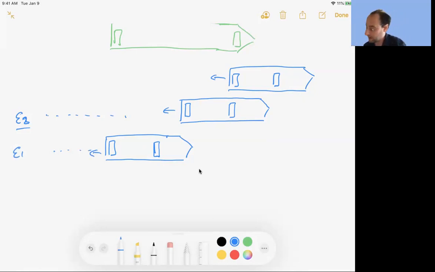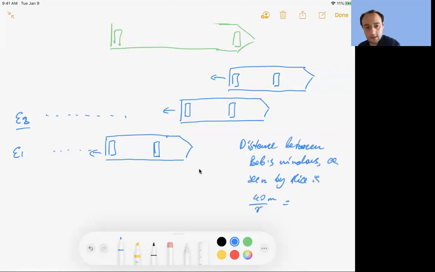That's 40 divided by gamma, which is 40 over 1.25, equals 32 meters.